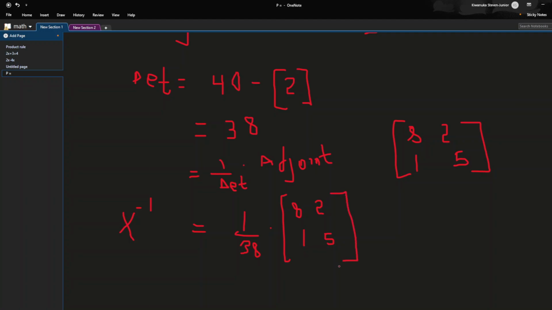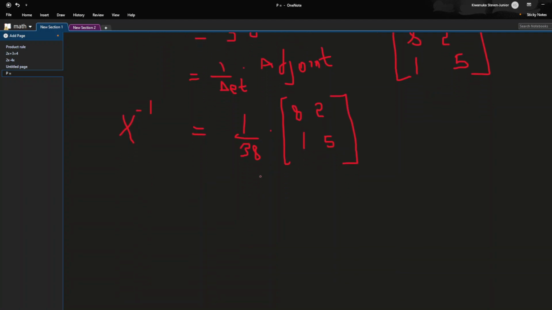From this, how do we multiply? We multiply row by column.